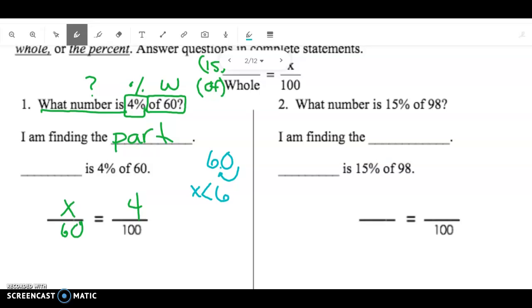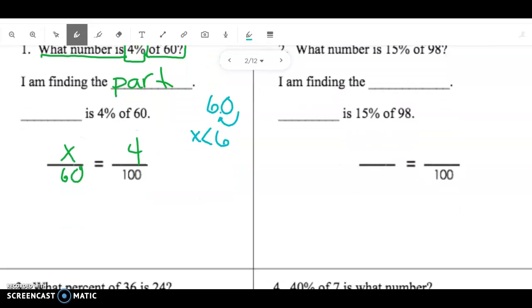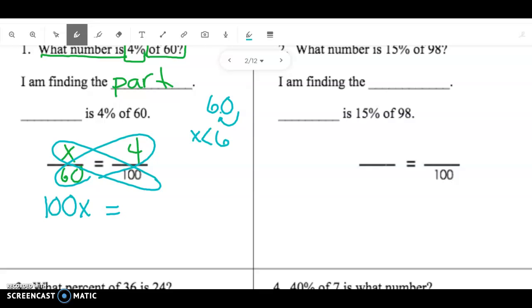Okay, so first step, we set up the proportion. Next step, cross multiplication. 100 times x gives me 100x. And cross multiplying the other way, 60 times 4. I'm going to think 6 times 4 is 24, and then there's an extra 0.